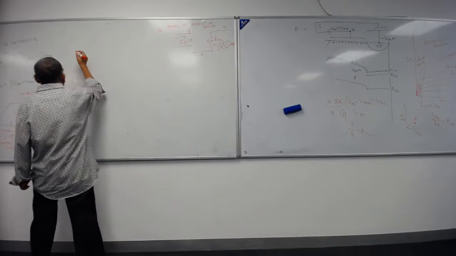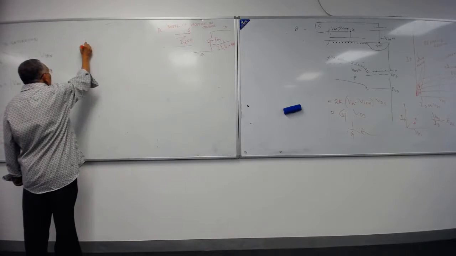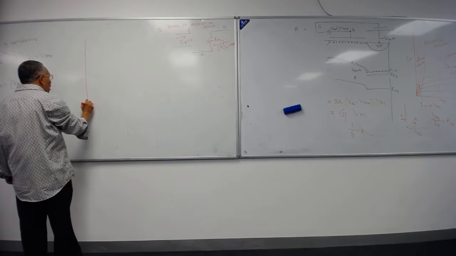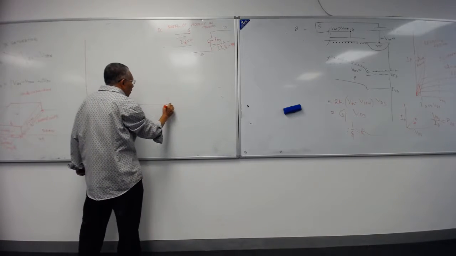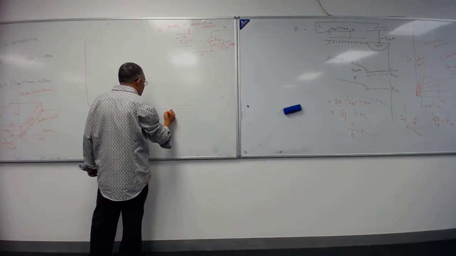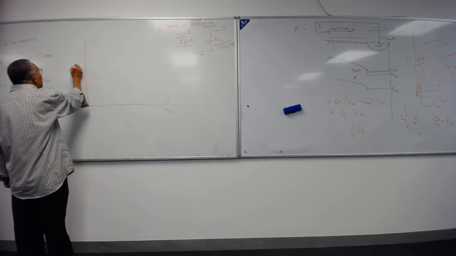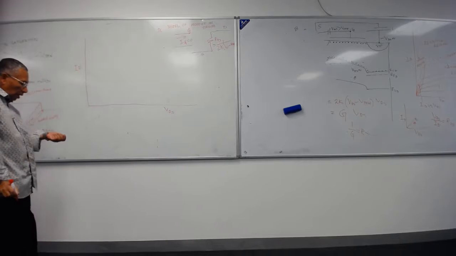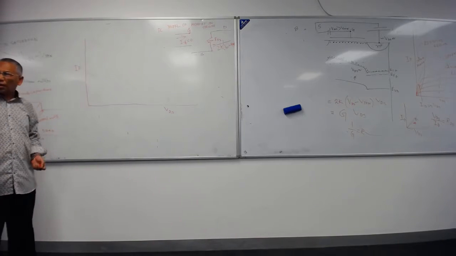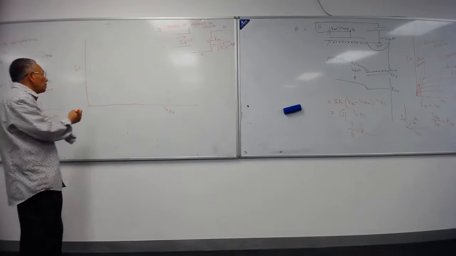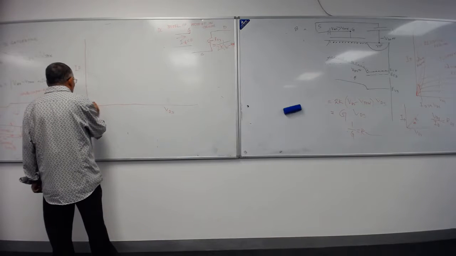So we want to operate as a switch. For that, again we have to go back to our ID versus VDS chart. This is your VDS, this is your ID. Just 1 minute and then I'll give you the break. So you can draw your characteristic curves.